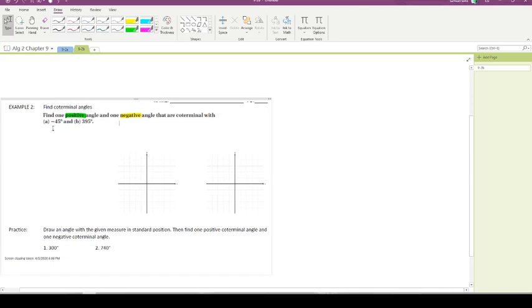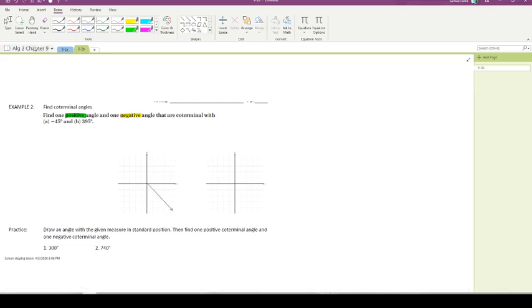So if we have A, which is negative, I'm going to draw that here with this line. I'm going to first draw a negative 45. I want a pen, and let's make that color.